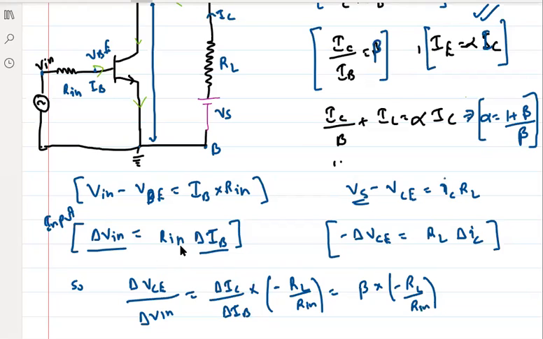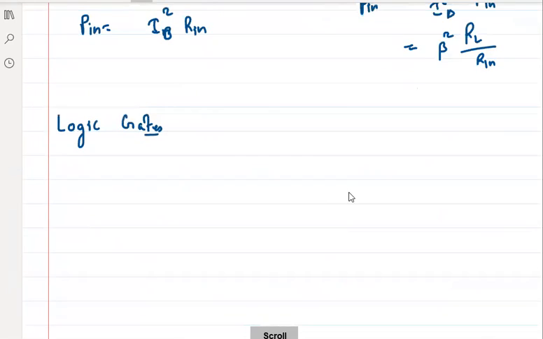Now, when I divide this by this and take this negative sign over here, I'll get delta IC by delta IB into minus RL by RIN, load resistance by input resistance. Now, we have this relationship: IC is equal to beta IB.